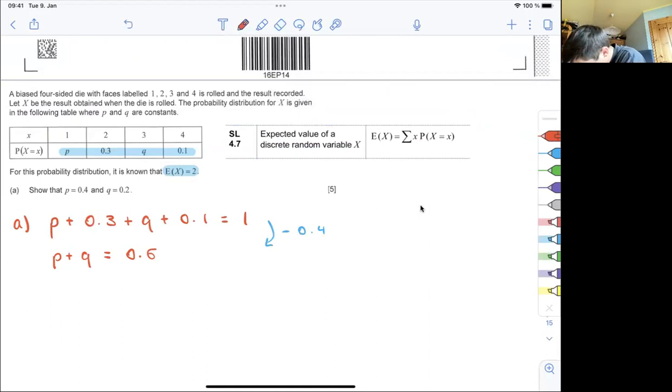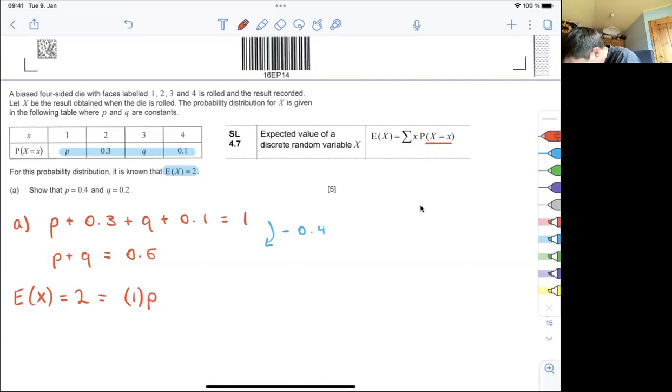So that means E(X), which we are told is equal to 2, will have to equal 1 multiplied by P, because that's the probability of X being equal to 1.